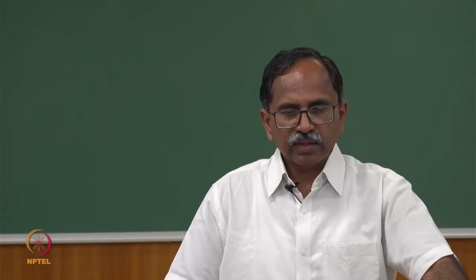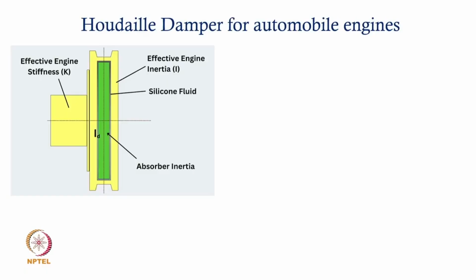Okay, let's take a look at another kind of damper, the Houdaille damper for automobile engines, where the crankshaft's torsional deflections and vibratory motion are damped substantially by use of these kinds of dampers. The damper is actually an inertia in the form of a disc which is floating in an annular space, maybe of a pulley which is there to drive the accessories.